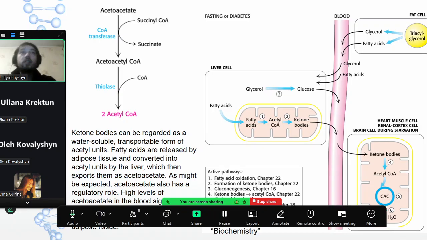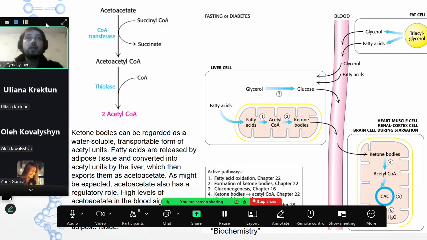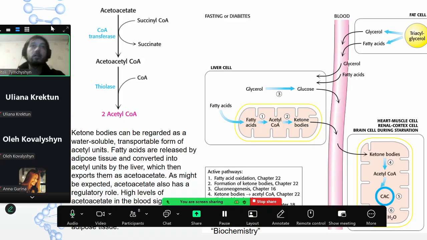That's the reason why, when police test you for the level of ethanol in the blood, to check whether you can drive a car or not, they are testing basically the air that you breathe out, and that air will contain some part of the ethanol that is correlated to the level in the blood.